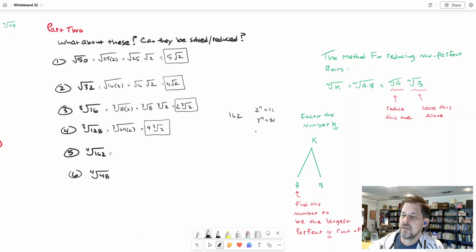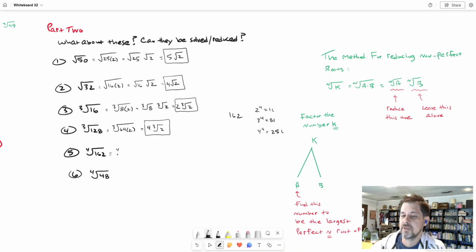Okay, 4 to the fourth power, 256. Okay, all right. So, well, it looks like 256 is too big, right? Okay, can't be that one. 81, is 81 a factor of 162? I'd say yeah. It's like 81 times 2 is 162.